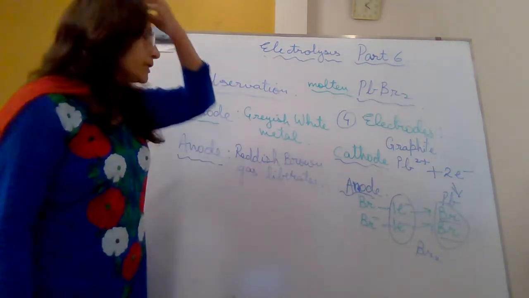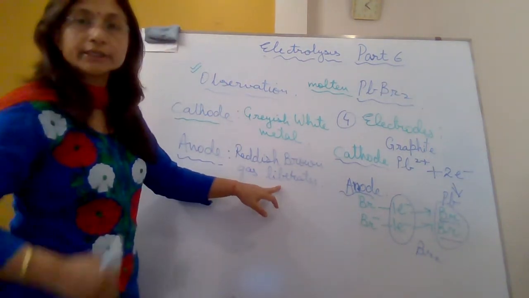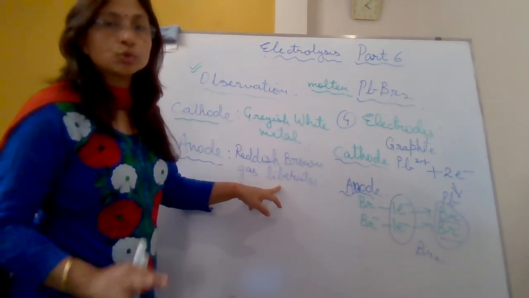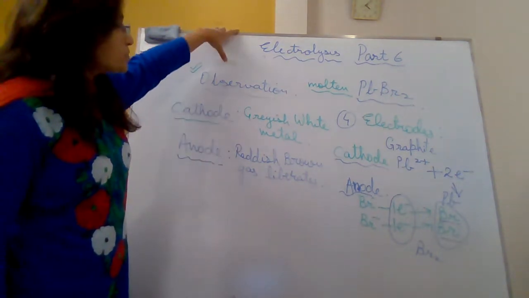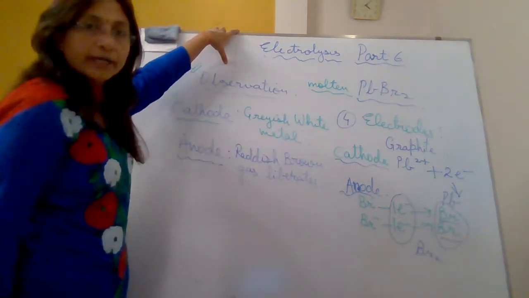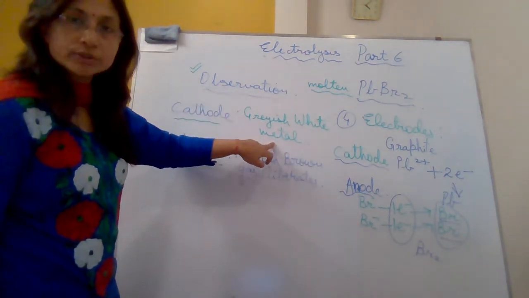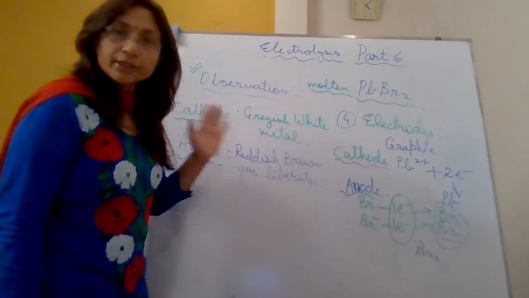Remember that whenever we talk in terms of gas, we are never going to say that the gas is going to get deposited, because gas will not be able to deposit, it will simply liberate. So the observations of molten lead bromide at the end are: at cathode grayish white metal is deposited and at anode reddish brown gas liberates.